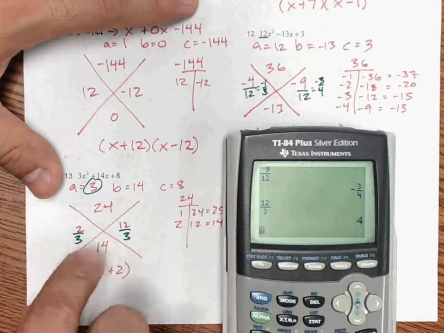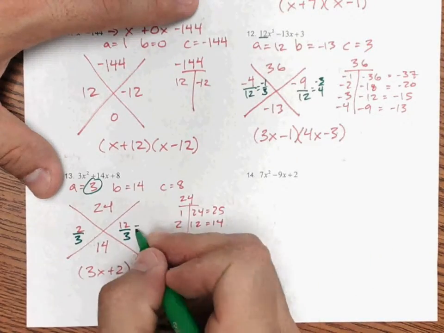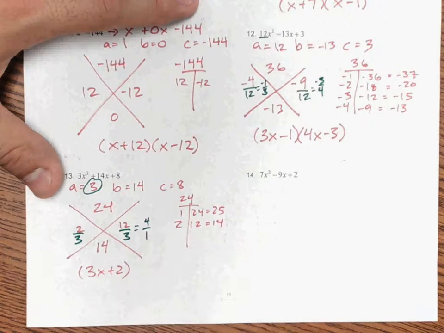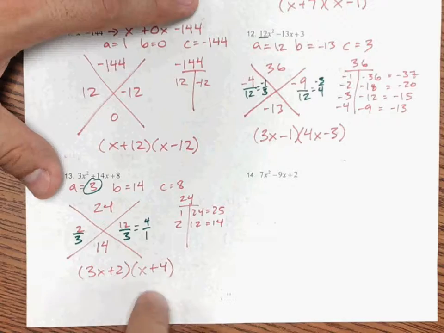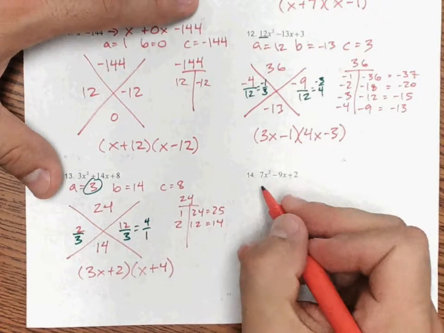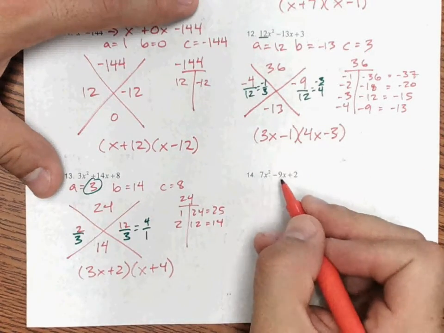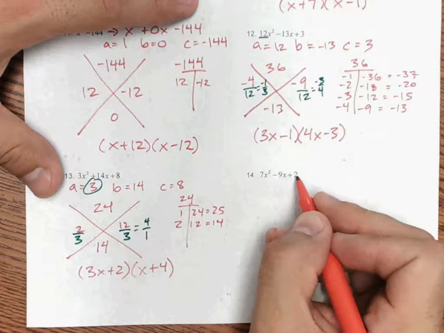But in order to use the bottoms up method, we need a fraction. So we're going to make that 4 over 1. So bottoms up means 1x plus 4. There's my solution.